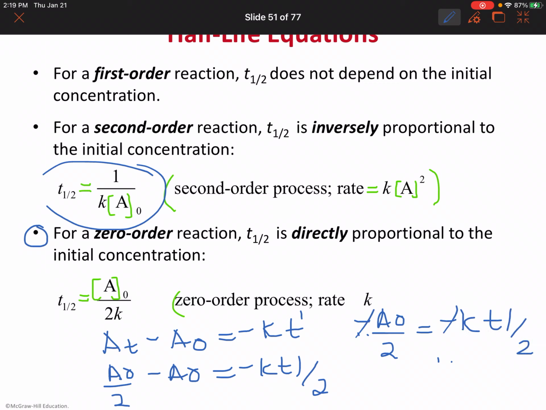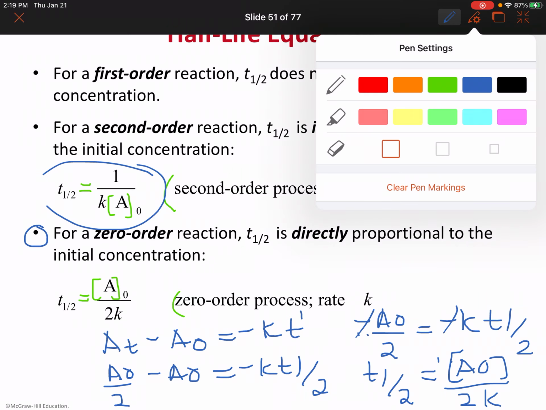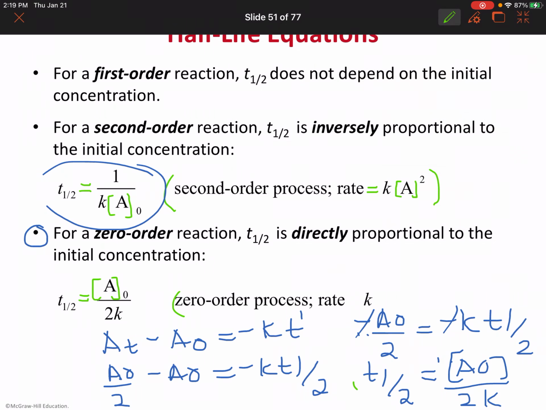These two negatives cancel. So the T half would be A naught over 2k. That's how you get the half-life for a zero order reaction.